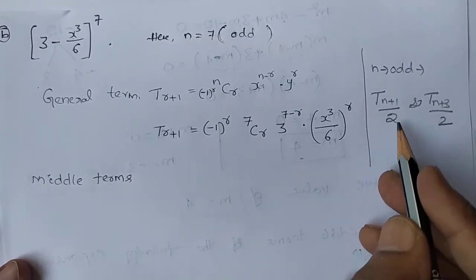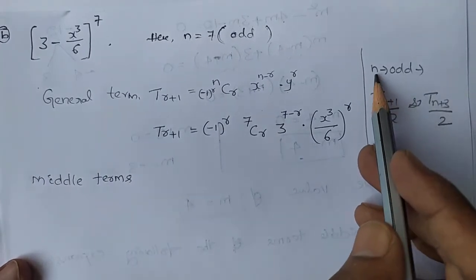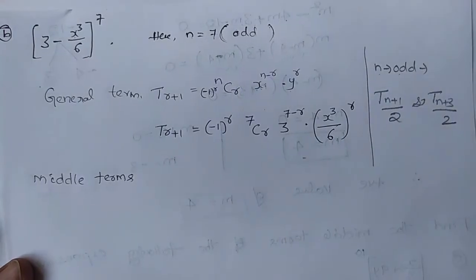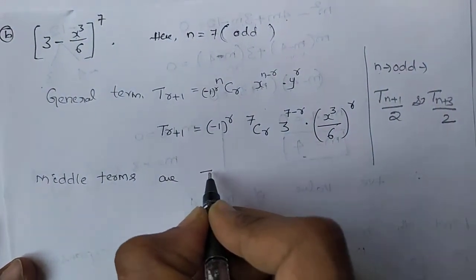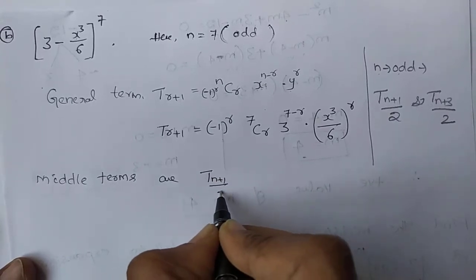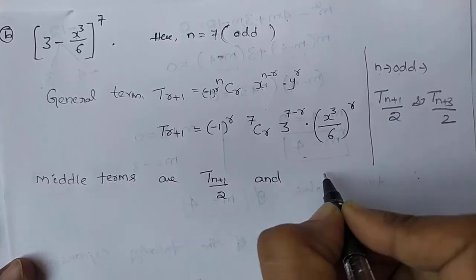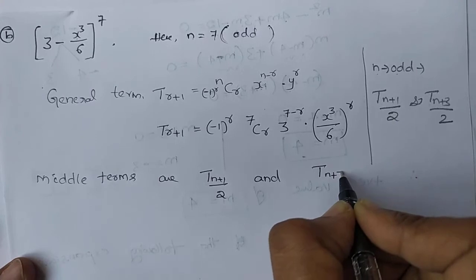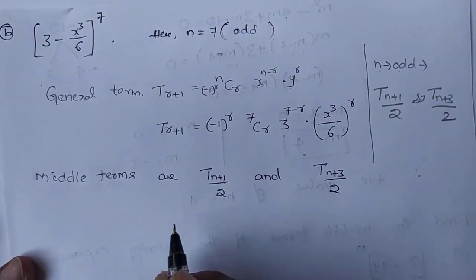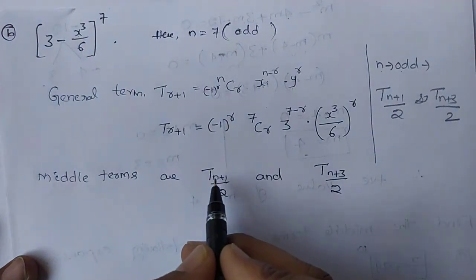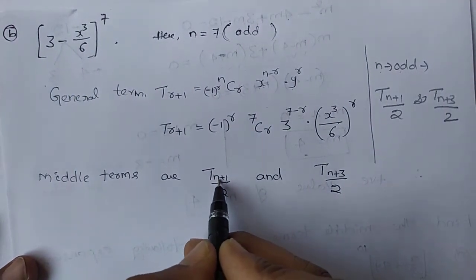So these are the two middle terms. If the power is odd, then the middle terms are T (n plus 1) by 2 and T (n plus 3) by 2. Now you just substitute n with 7.